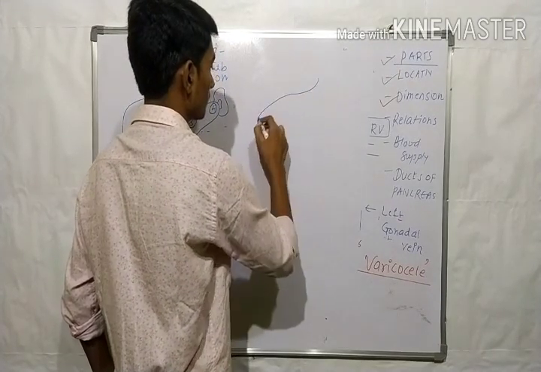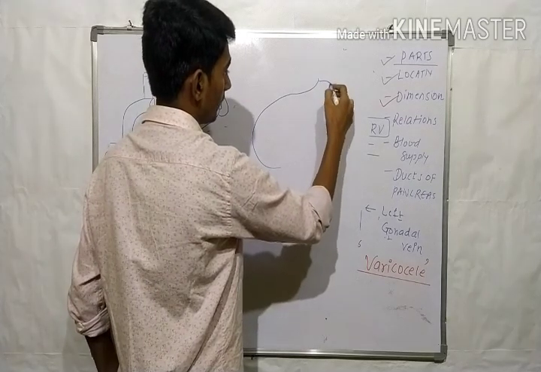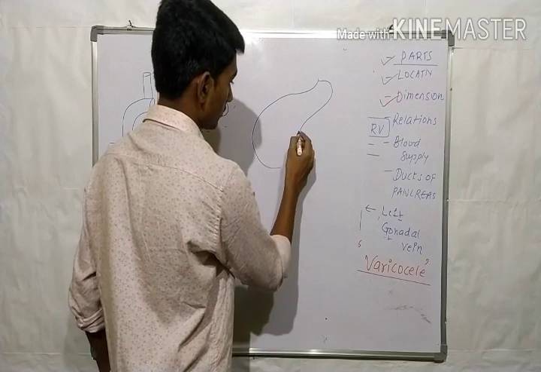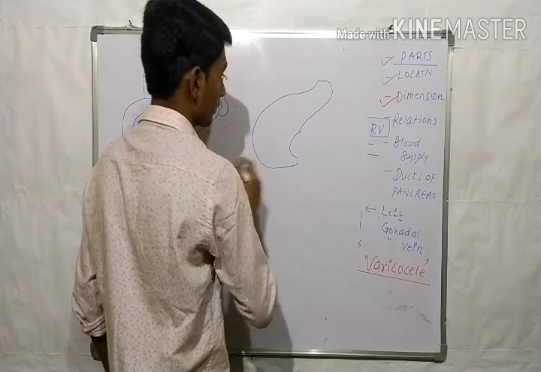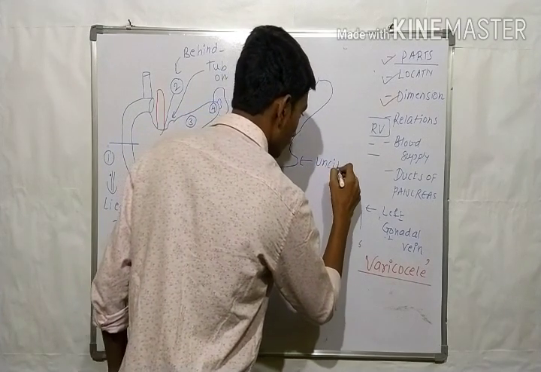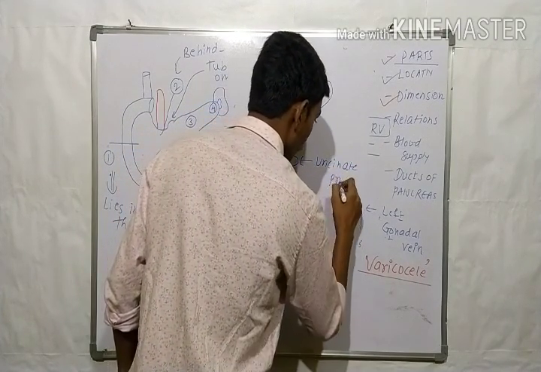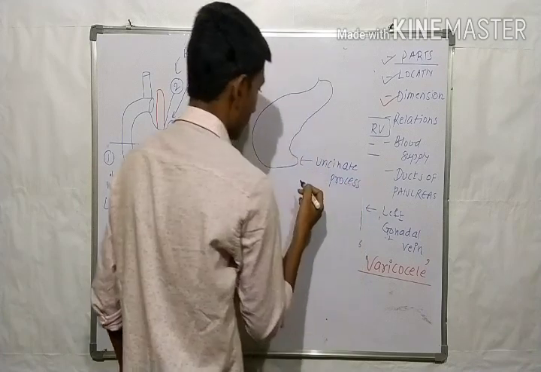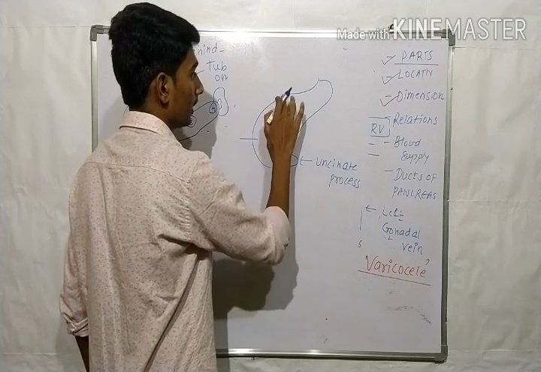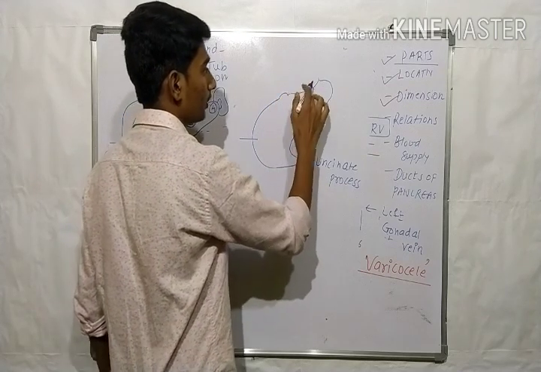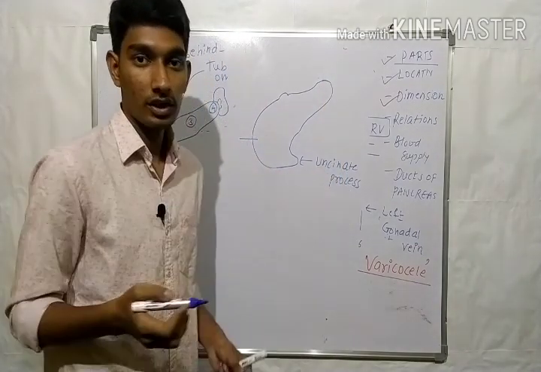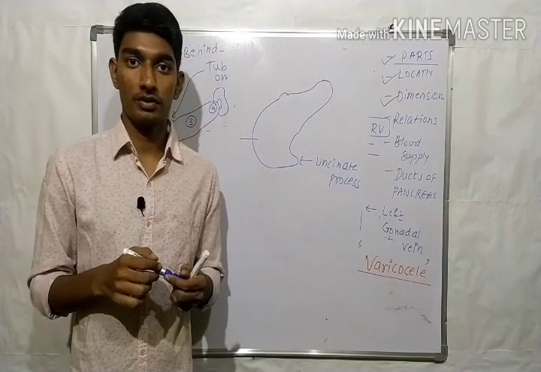Suppose this is a pancreas. As we know, this is the uncinate process, and this is the head. The neck has one process, that is the tuber omentale, and the tail lies in the lienorenal ligament. These all points we have studied.